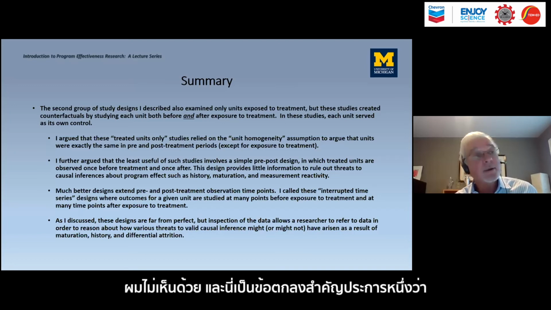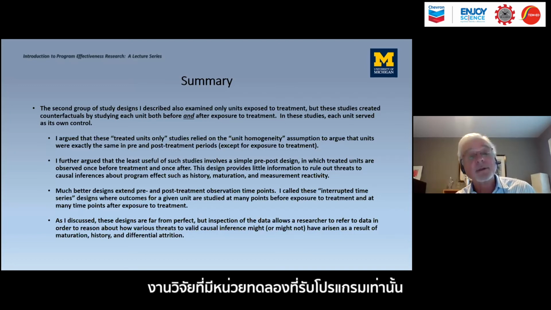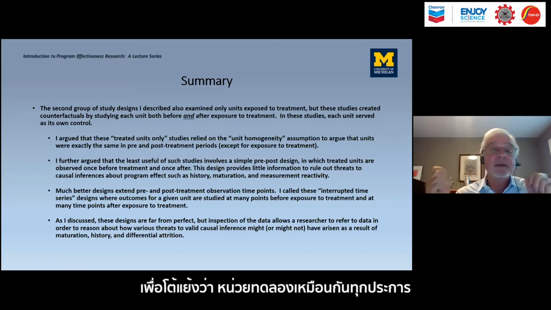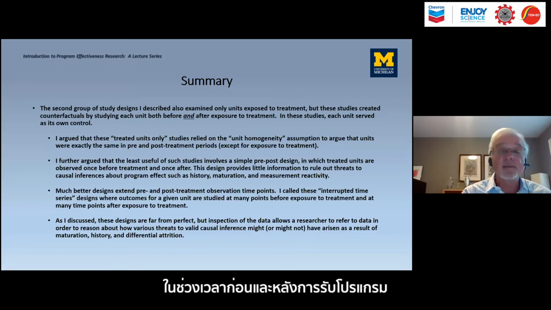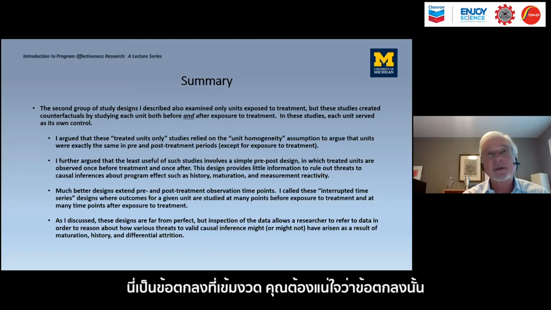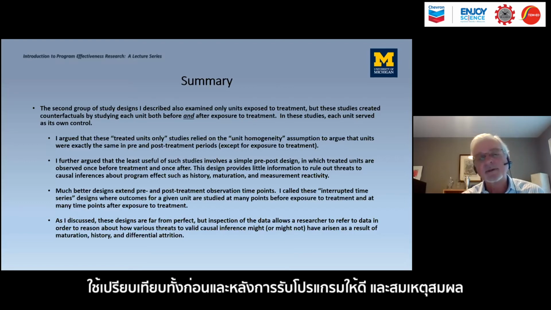Now, I argued, and this is an important assumption, that the treated units only studies rely on the unit homogeneity assumption to argue that the units were exactly the same in pre-treatment and post-treatment periods, except for any effects of exposure to treatment. It's a strong assumption. You need to be sure that that assumption holds for the pre-post comparison to be logical and good.